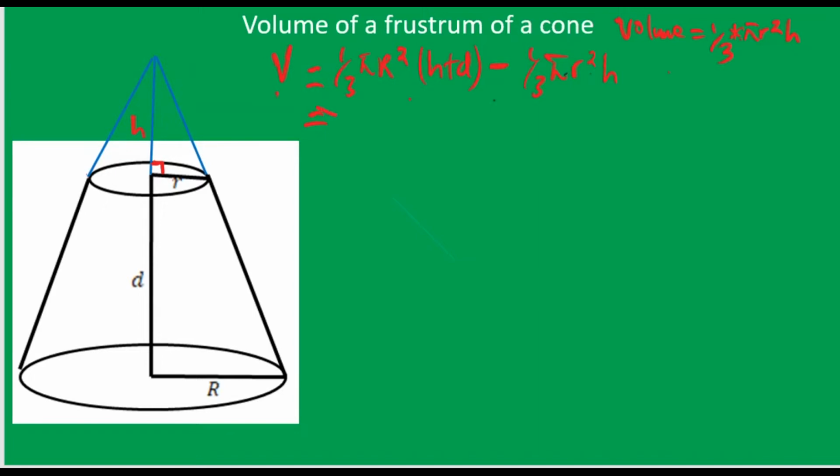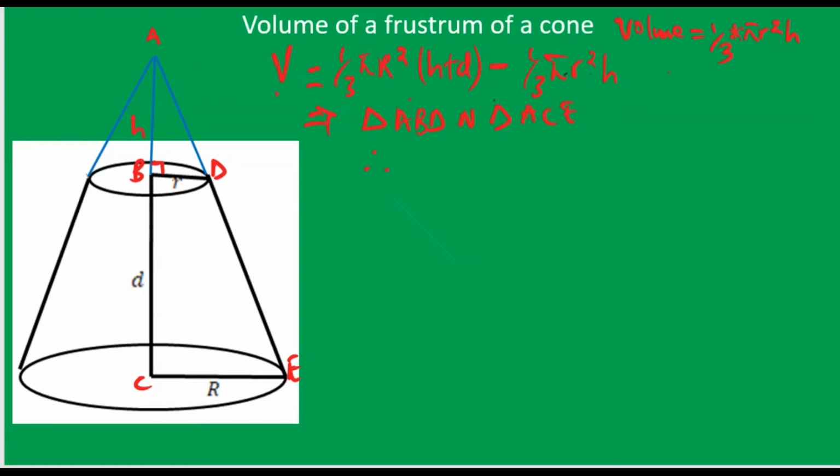So which implies that from similar triangles, let's call this A, B, C, D, E. So you see that triangle ABD is similar to the bigger triangle ACE.